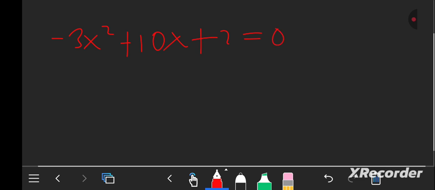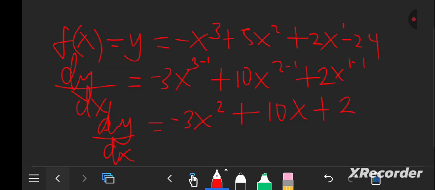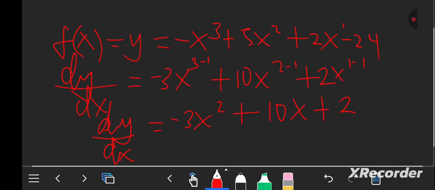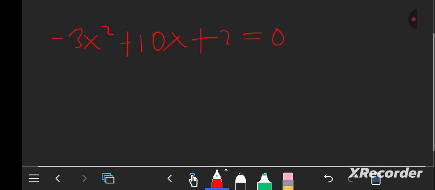We're going to equate it to 0, because dy over dx should be equal to 0 at the turning point. So equate this equation to 0.